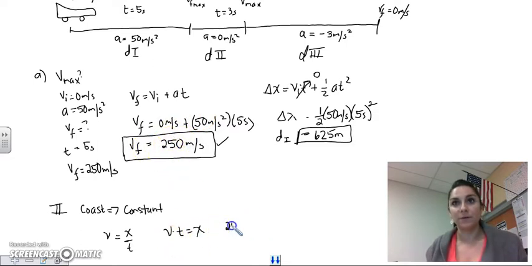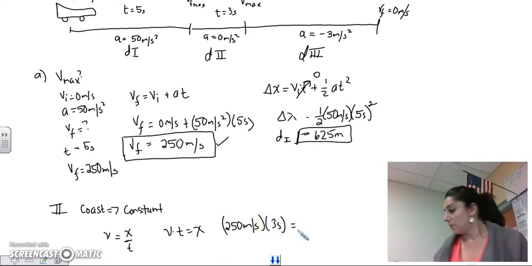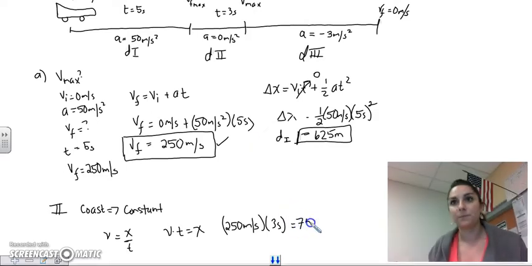It doesn't need to find our initial because it's just going to be the same. And then we're going to multiply by the time during that section in which it's coasting, so that's the 3 seconds here. Although I'm doing mental math, I just want to make sure. 250 times 3, great. The math works, 750 meters. So that is D2, if you will.